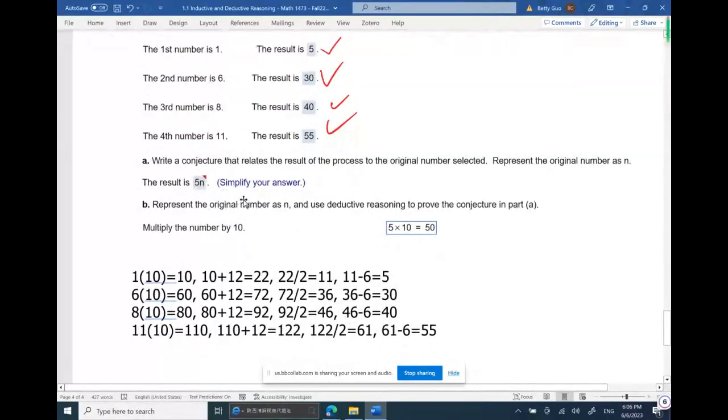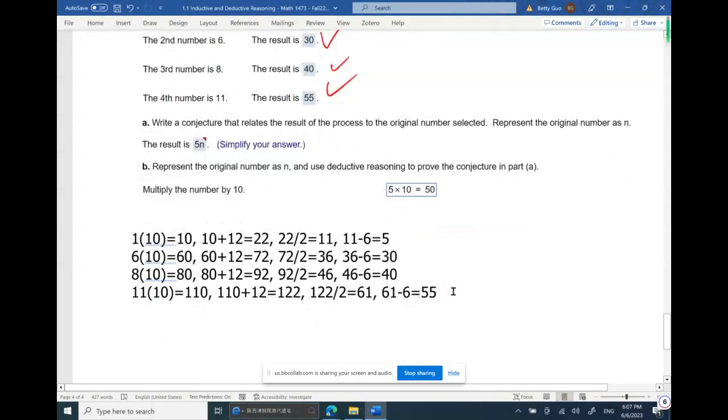And part 8, write a conjecture that relates the result of the process to the original number selected. Represent the original number as n. So now, you know what? We are doing induction. We are applying inductive reasoning from specific to general, right?